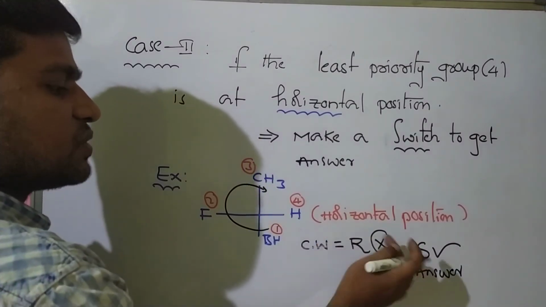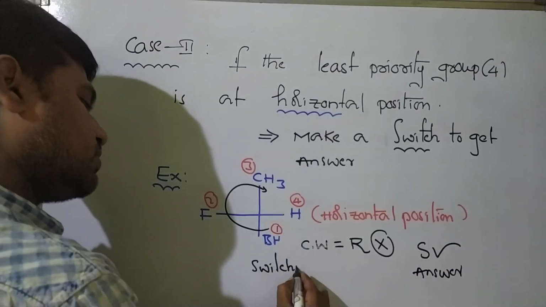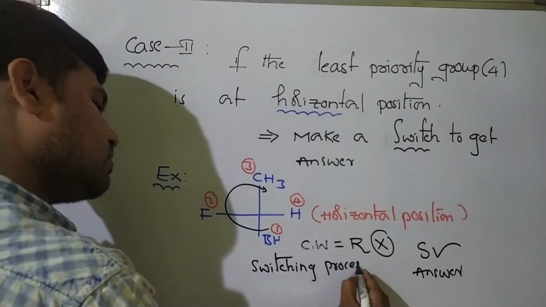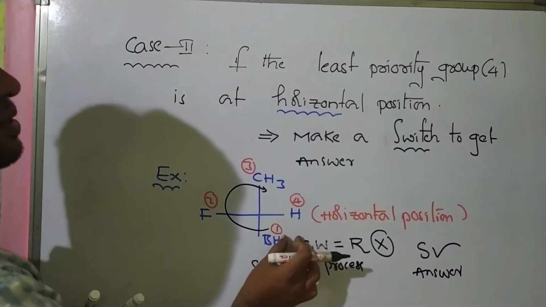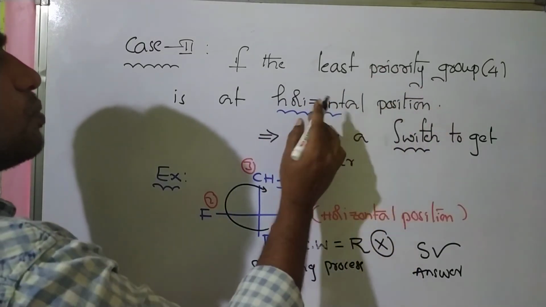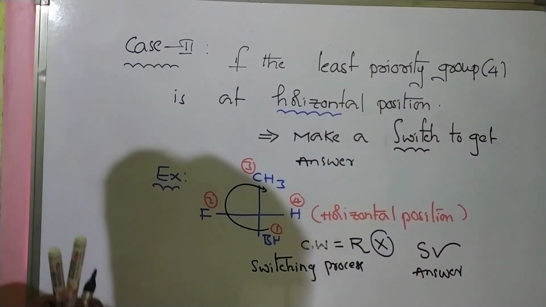Why? Because of switching. Okay, students, you must do this process when the least priority group is at horizontal position. Okay, next.